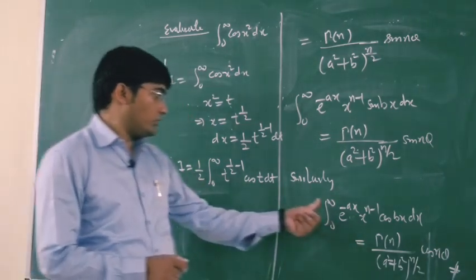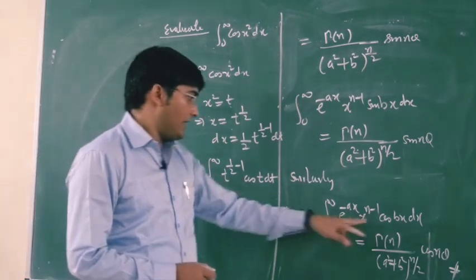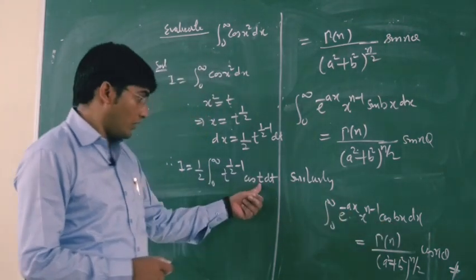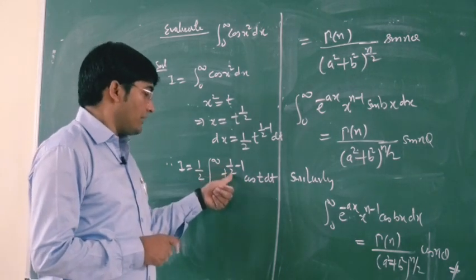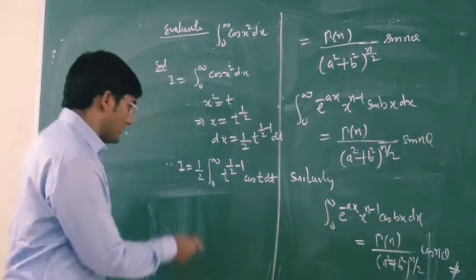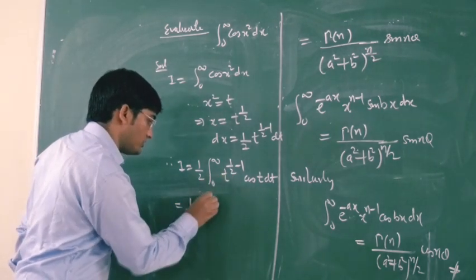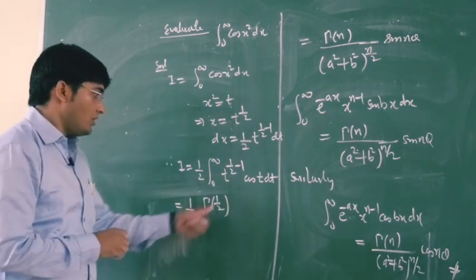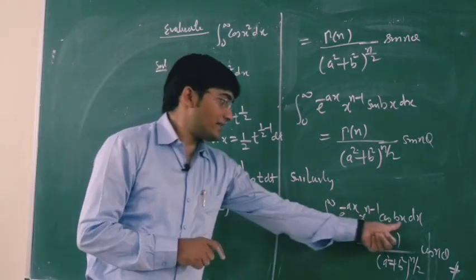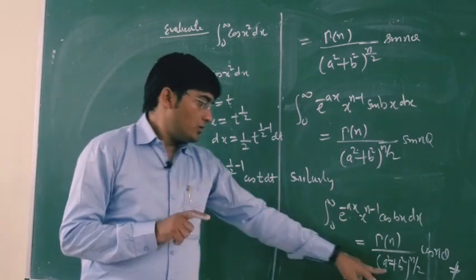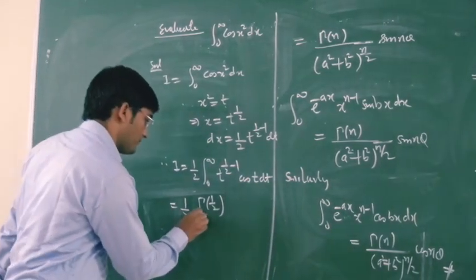So here you can see that we do not have any a, so your a will be 0, and in place of b we are having 1, and in place of n we are getting half, so this will be Γ(1/2). Our a is 0 and b is 1, so this will be 1^(n/2), so this is 1.